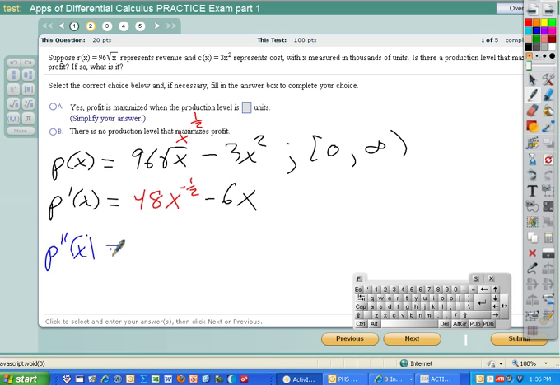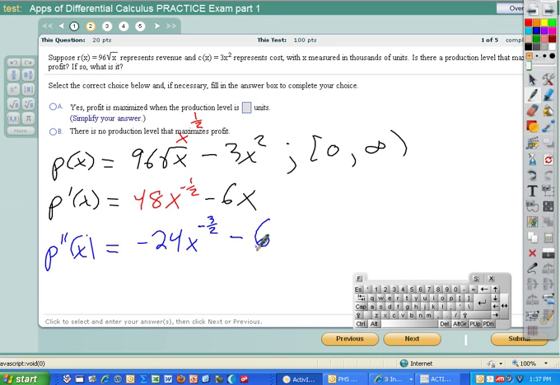What do we get from this one? What's the derivative of 48x to the minus 1/2? Multiply the minus 1/2 times the 48. Good, I get a negative 24 x to the negative 3/2. Minus 6.